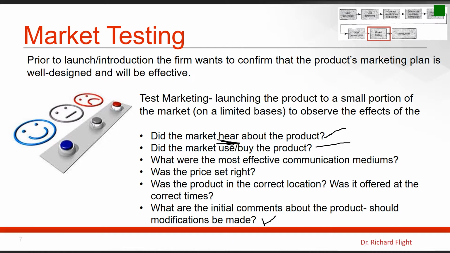So again, this is like the product's being launched, and this is a real live consumer market, maybe who's trying the product or service out, and we're testing to see how well and how effective we were in launching the product. Then what we do with these results is we tweak and change our marketing plan. So if our market didn't really hear about the product, then we change how we distribute information about the product.